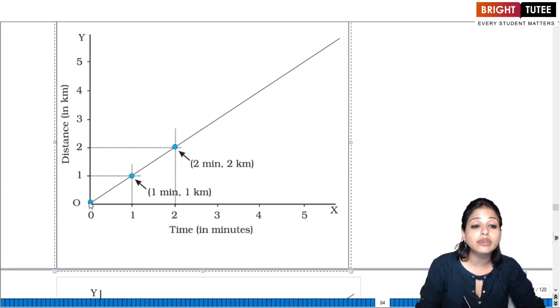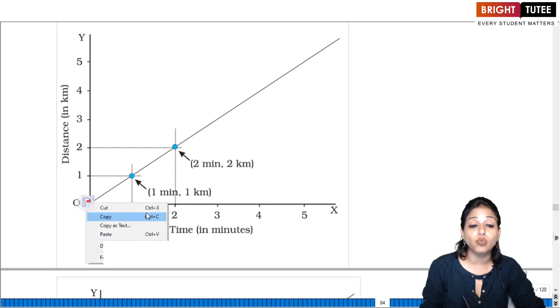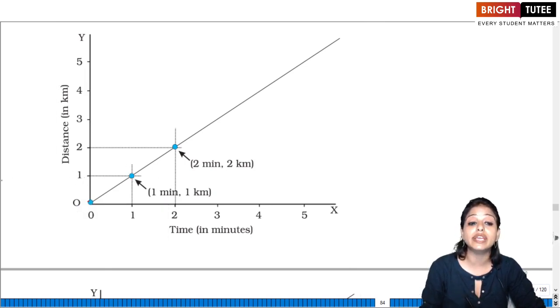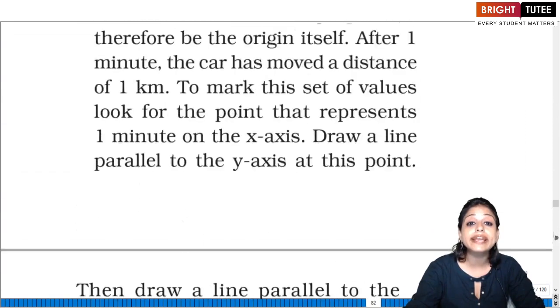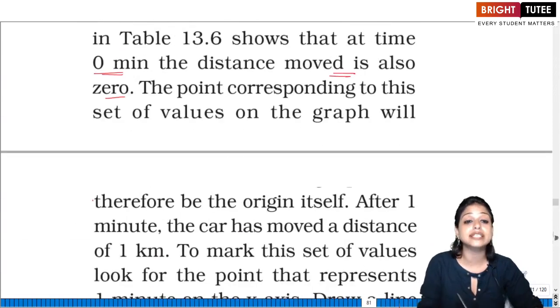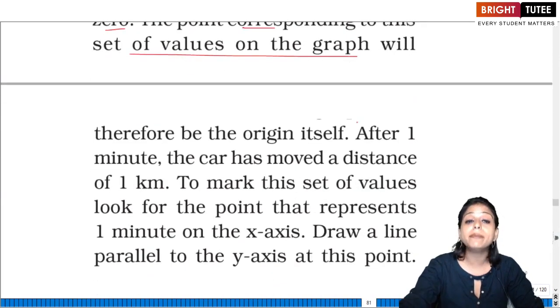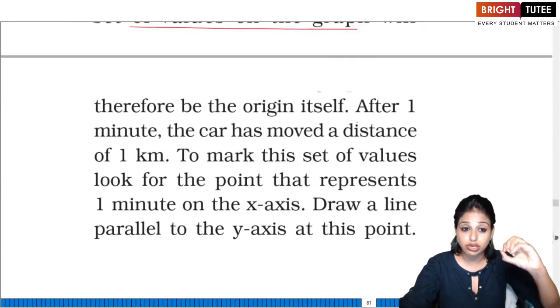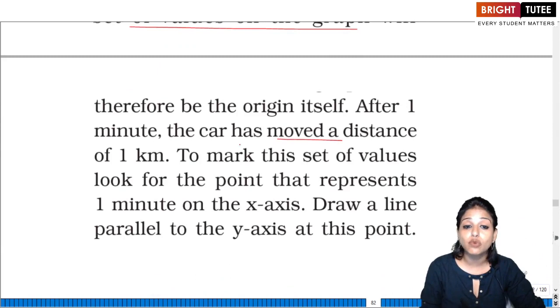The second point will be when the time was 1. We see that the distance traveled will also be 1, and hence we get the second point here on 1 and 1. So let me read this out. The points corresponding to the set values on the graph will be shown with the origin for 0, 0. For 1 minute, the car has moved 1 kilometer. Hence, the point was 1 and 1.